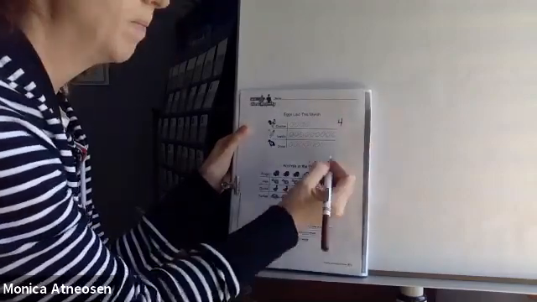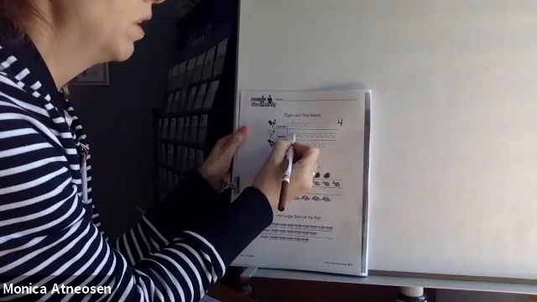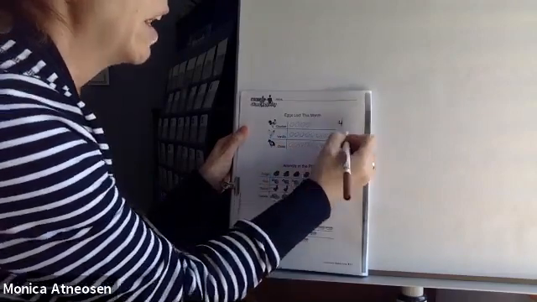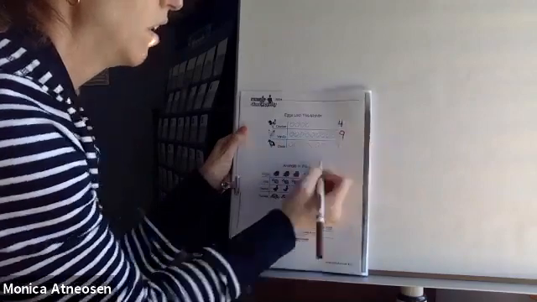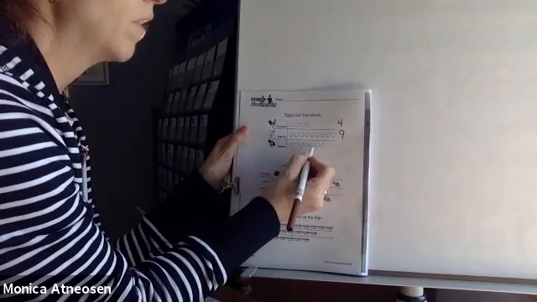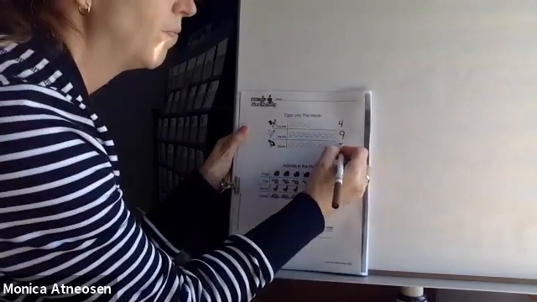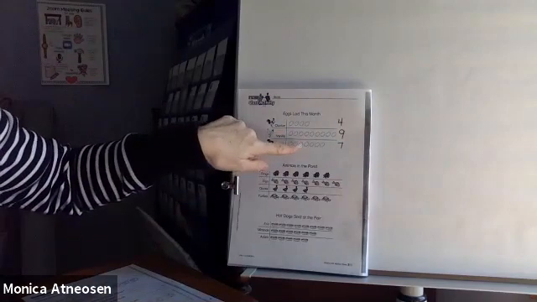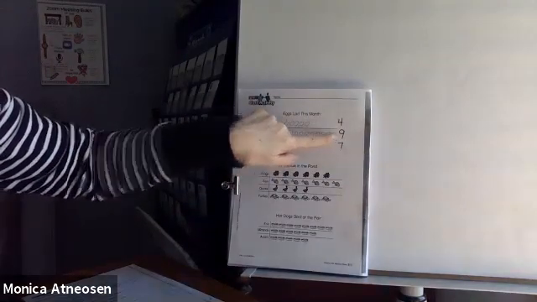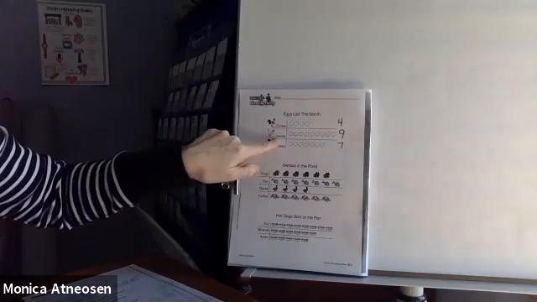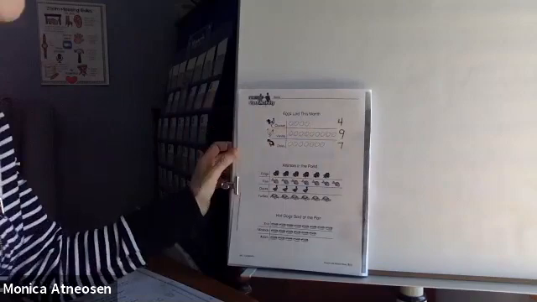I counted them. And Vanilla laid 1, 2, 3, 4, 5, 6, 7, 8, 9. And that Daisy laid 1, 2, 3, 4, 5, 6, 7. Now I can look at that graph and I can see 4, 9, and 7. And I can look at that and go, oh, Vanilla 9, that's the most.